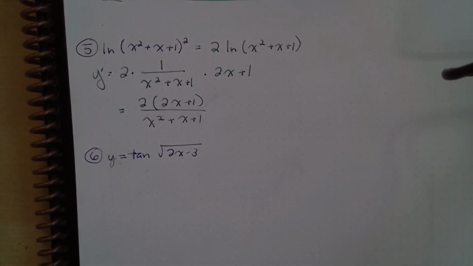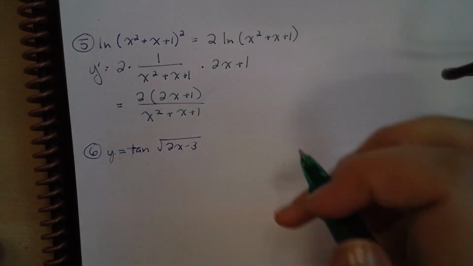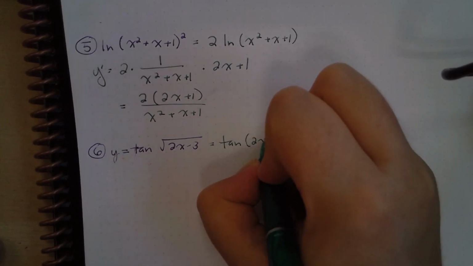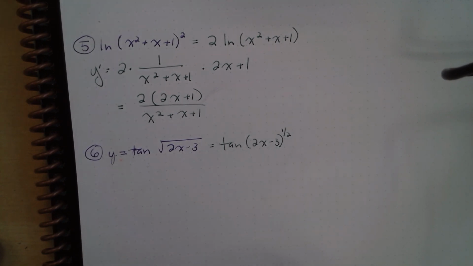And finally, let's just do one more. We have the tangent. We haven't done a lot with tangent, but it's always good to keep practicing our trigonometric functions. The tangent of the square root of 2x minus 3. And I might rewrite that as the tangent of 2x minus 3 to the 1/2. I mean, that might help you, that might not, I don't know.